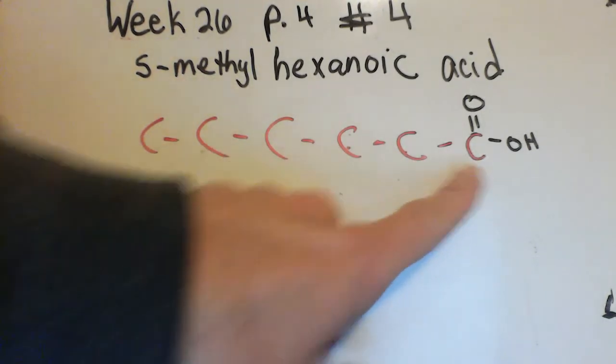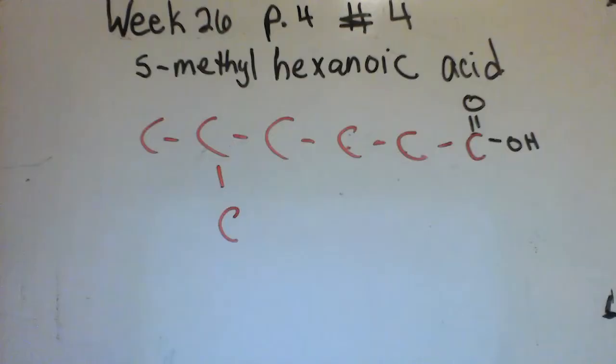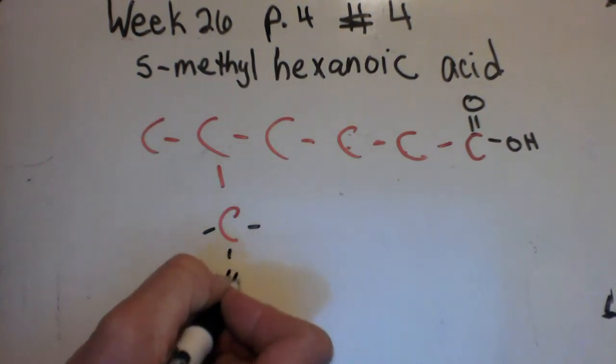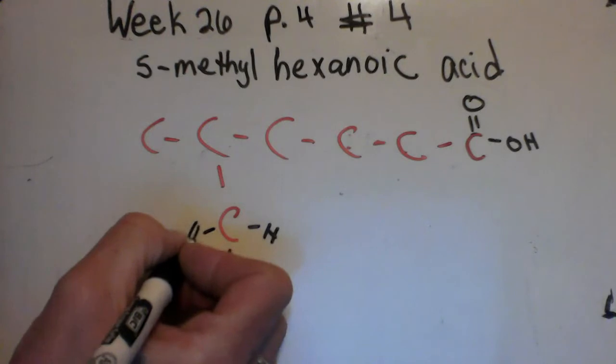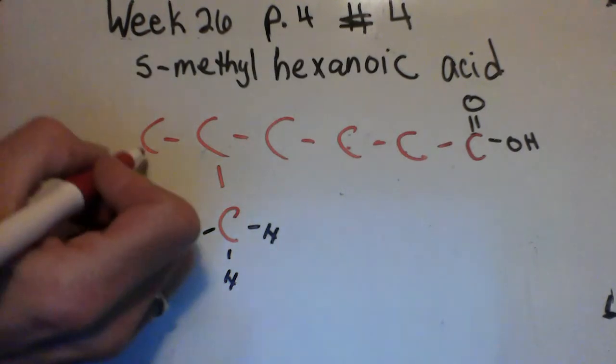So this would be 1, 2, 3, 4, 5. And it's a methyl group, so we're only putting 1 extra carbon in this branch. Now the rest of these carbon bonds are going to be filled with hydrogens.